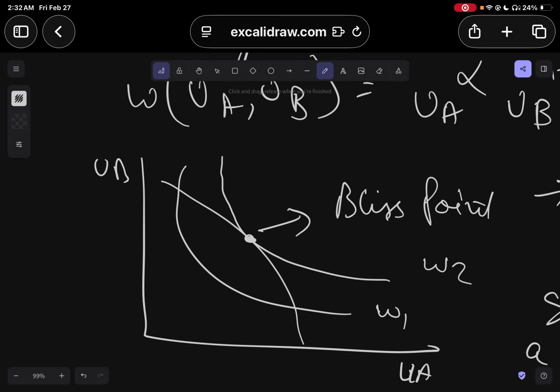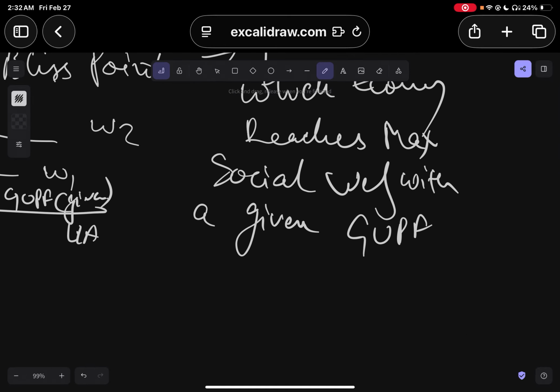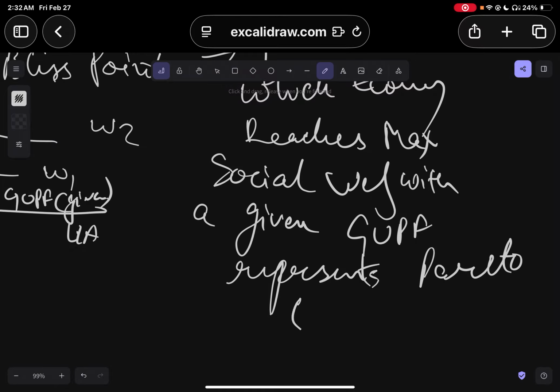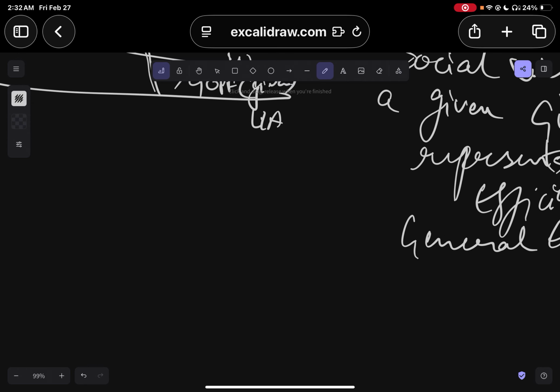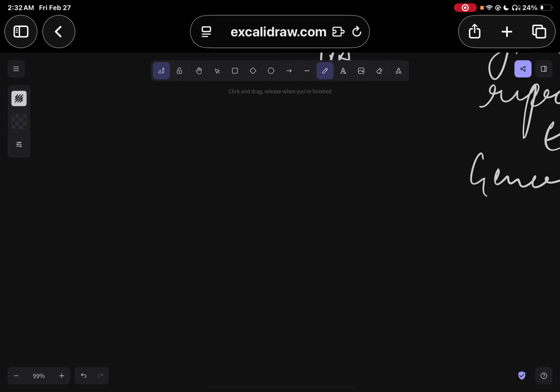By the way, this is the GUPF. This is the GUPF given. It represents Pareto efficiency in general equilibrium welfare. Now we move to Kaldor welfare distribution.